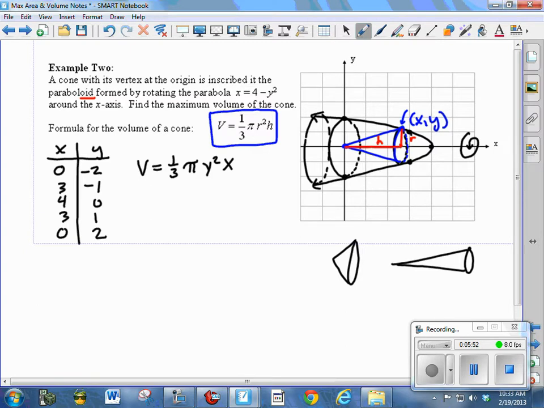So what I want to do is substitute something for y squared in terms of x. And I have another equation here. I have an equation of the parabola. Any point that is on that edge of the cone is also on the edge of the parabola.